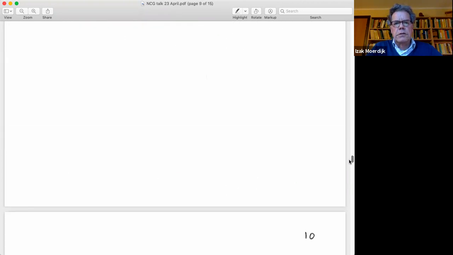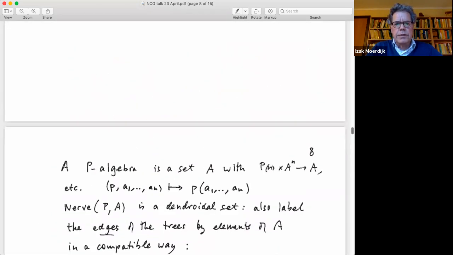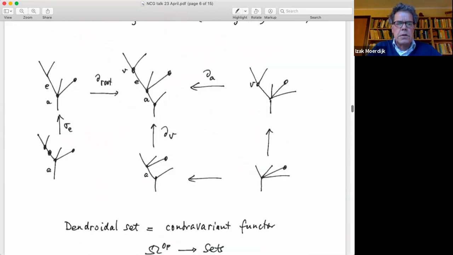Okay, so just to emphasize this a little further, let us look at pictures. So if I contract an edge, that's this map here, then of course I have a map from the edges here to the edges here. It's an injective map and it just misses this A. But if I now look at the vertices, this vertex here is in some sense the composition of these two vertices.